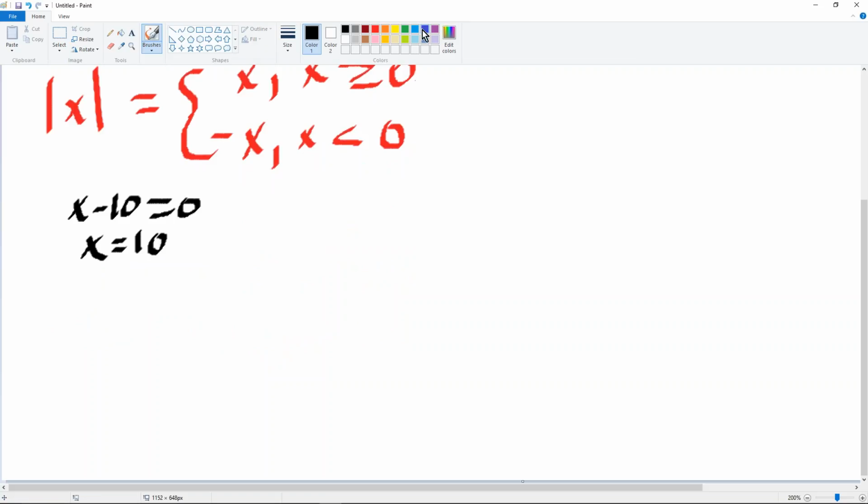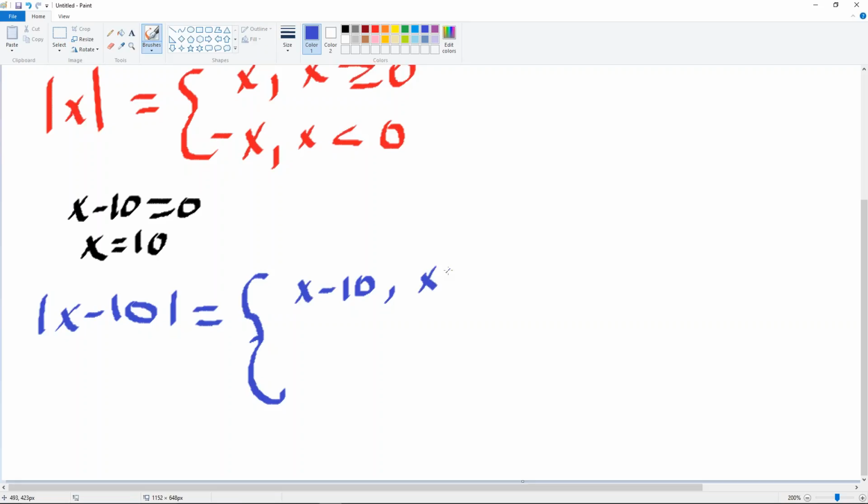So the new modified version: the absolute value of x minus 10 is equal to, using the definition of absolute value, the positive version, x minus 10 provided that x is greater than or equal to 10, because that's what we solved for, or it's going to be the negative version, negative x minus 10, provided that x is less than 10.